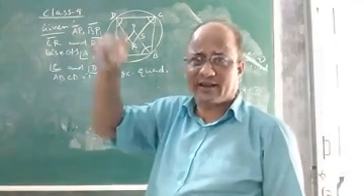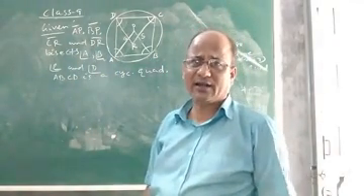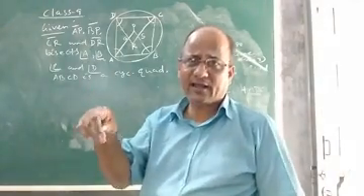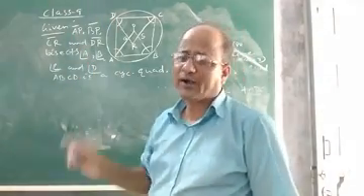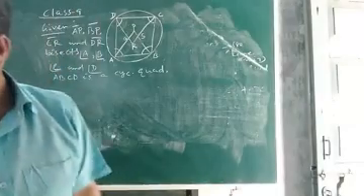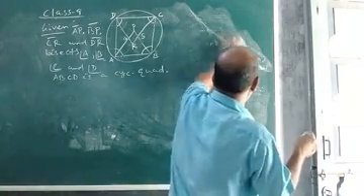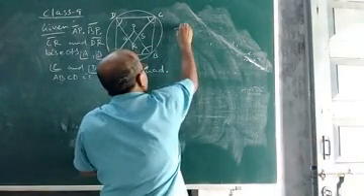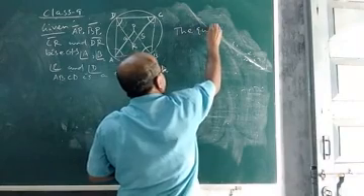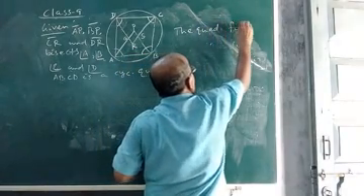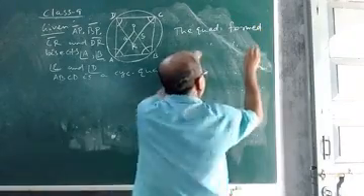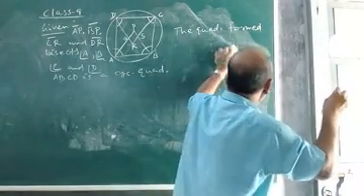The bisectors of the angles of a cyclic quadrilateral form a quadrilateral, and that is cyclic. Let me write the statement.